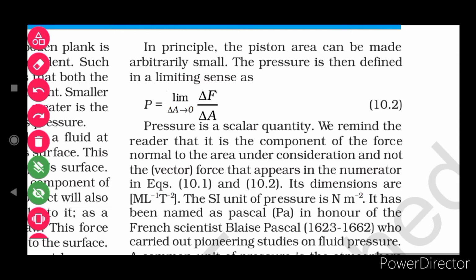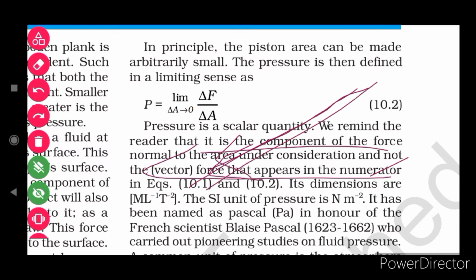The force we consider in pressure, just look at the definition here, is the component of force normal to the area under consideration, not the vector force that appeared in the numerator. This is the area where force is applied, and the force is applied in this direction. Are we concerned with this direction of force? No, we are not.